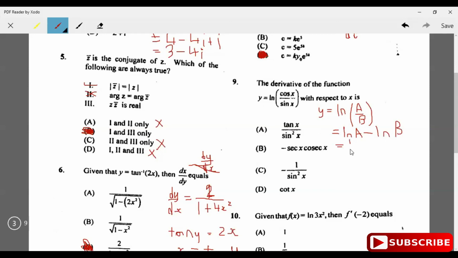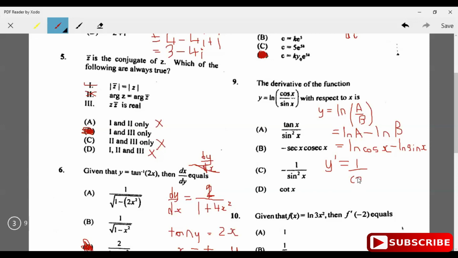And so in this case, what we actually have is ln the cosine of x, and we're subtracting ln sine x. So now we can find dy/dx. So dy/dx, y prime, is equal to, when we differentiate ln of a function of x, we get 1 over the function of x.